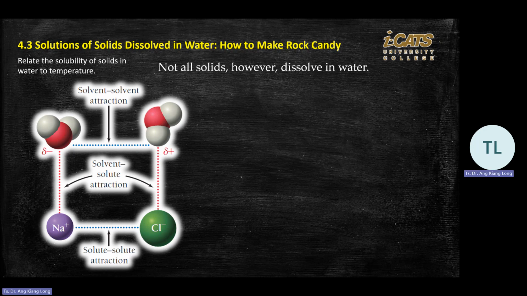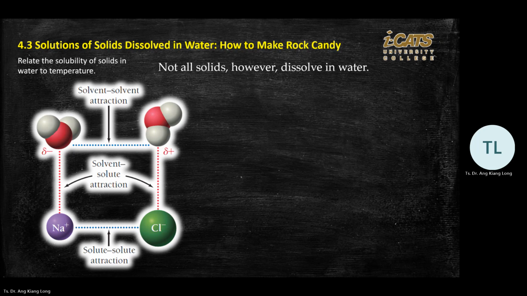In this case, NaCl, the ionic compound that becomes the solute, breaks into positive ion and negative ion. The positive ion will go to the negative side of the solvent. Cl will go to the positive side of the solvent.